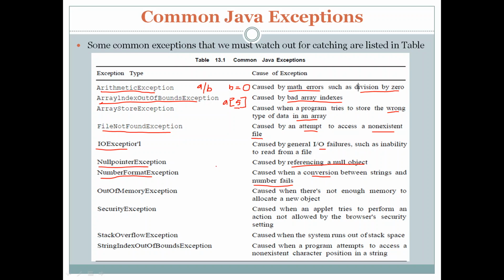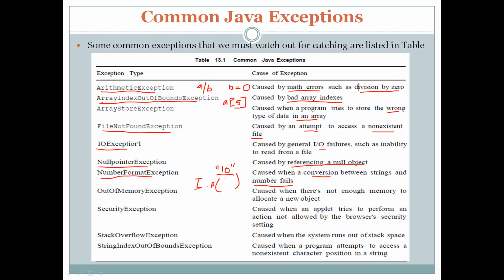Now look at the number. Suppose I have the number 10. This 10 is enclosed in double quotes, remember? Enclosed in double quotes simply means this is a string. If I try to convert this 10, which is in string format, into a number, I may use the function Integer.parseInt and pass that value 10 to it.